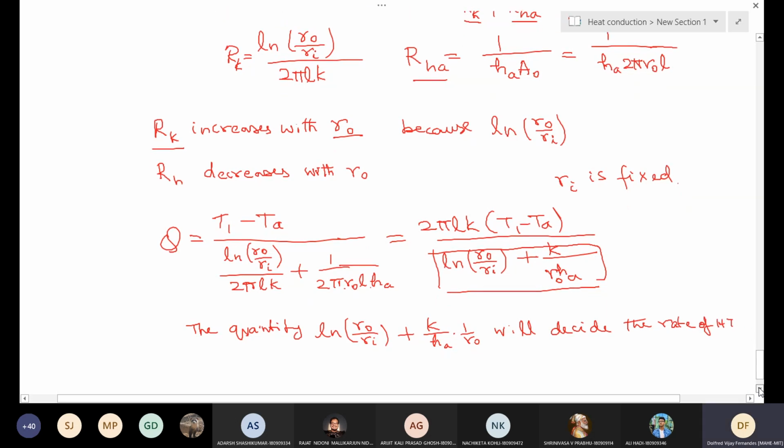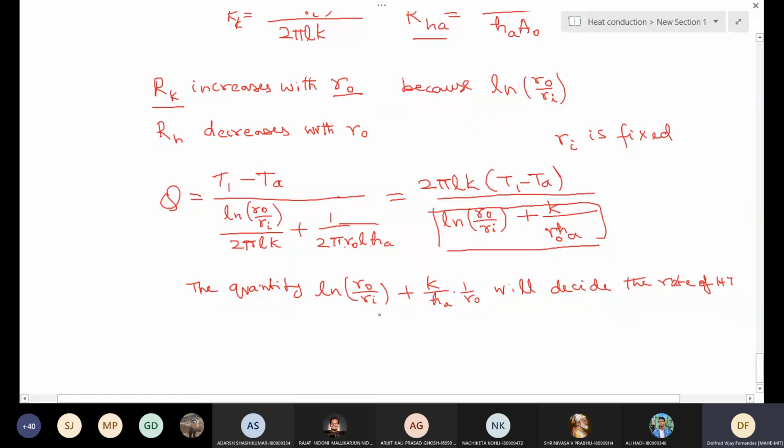And clearly you can see that with R0, ln R0 by Ri will increase, whereas K by HA into 1 by R0 will decrease.